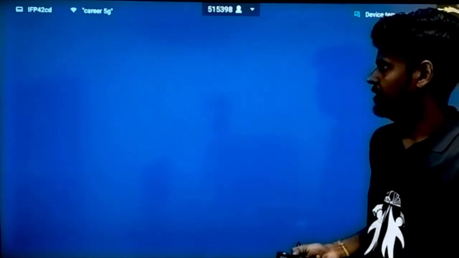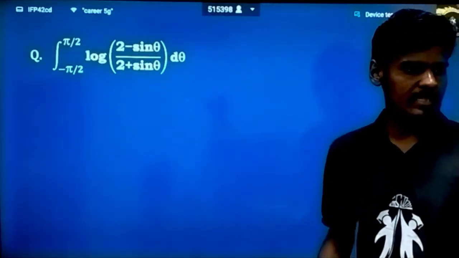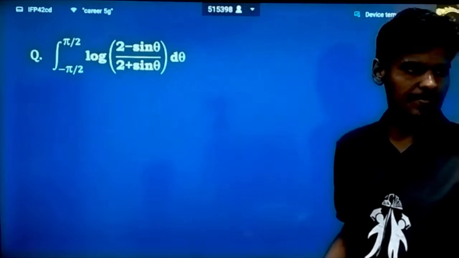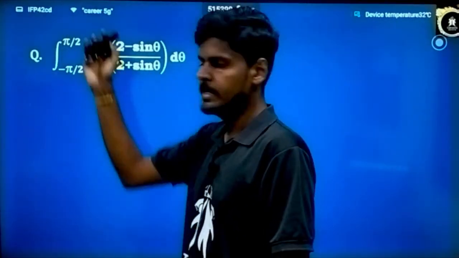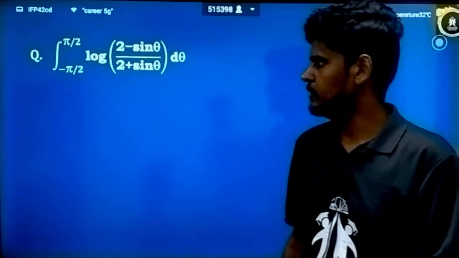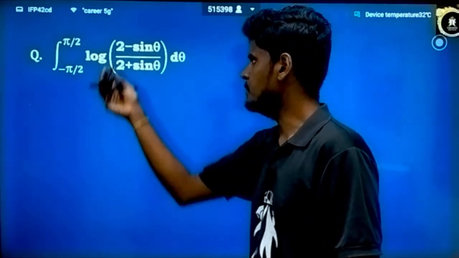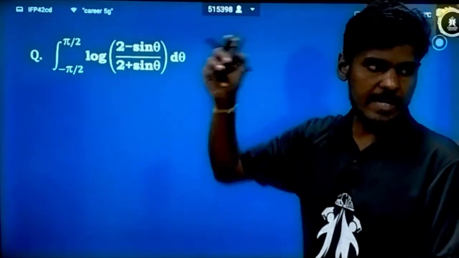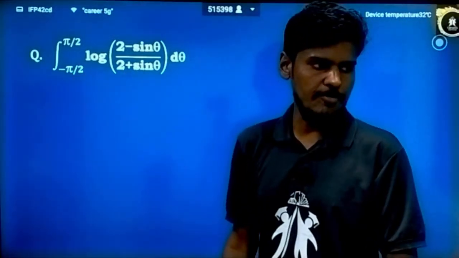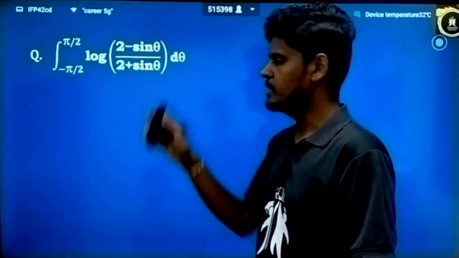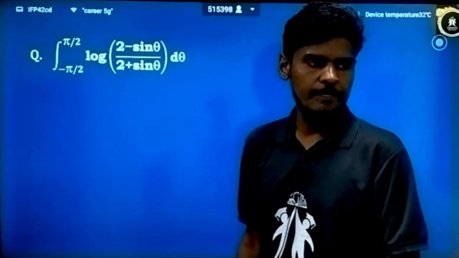Easy. We can just see the question and answer this. 1 mark questions, simple questions. Again integral is between minus a to a. Integral of the type minus a to a, minus pi by 2 to pi by 2 log of. This question is same as previous question. Here we have theta as the variable of integration. So we have to substitute in place of theta minus theta.